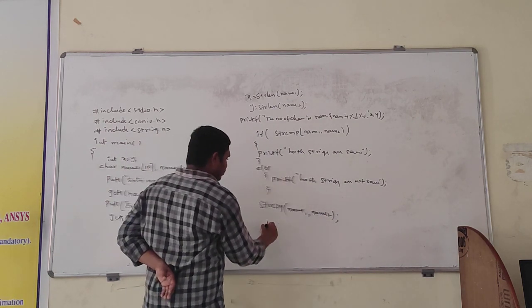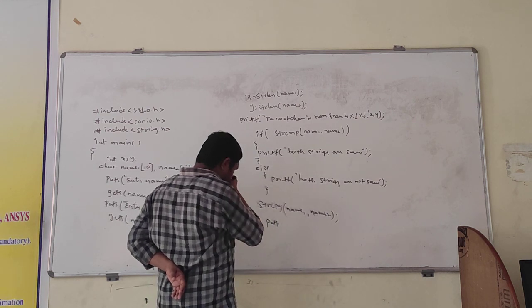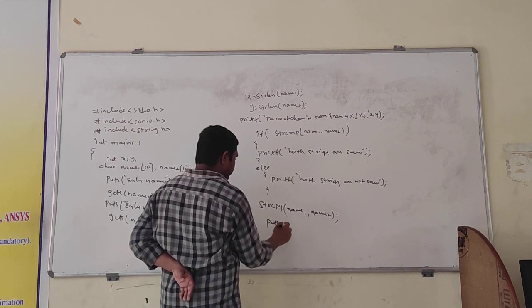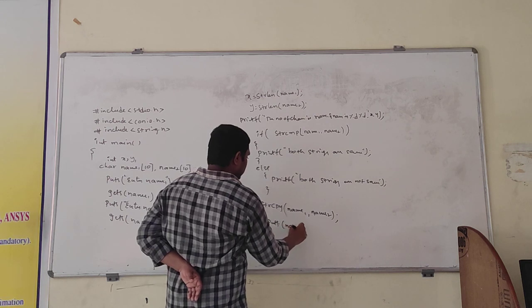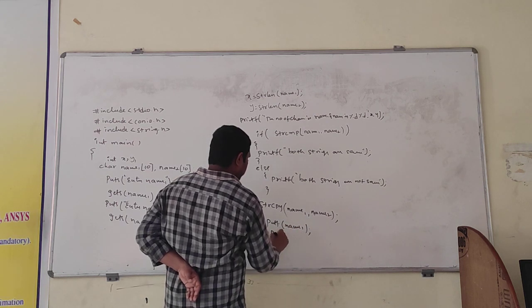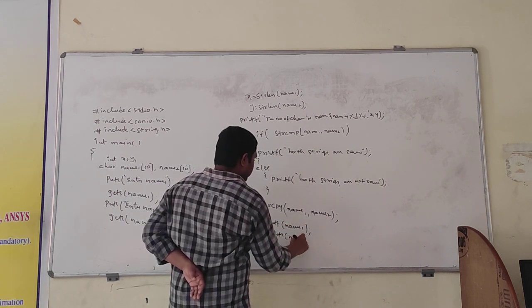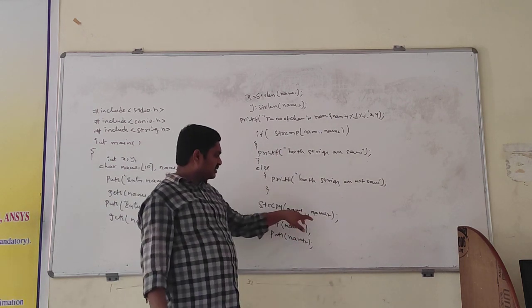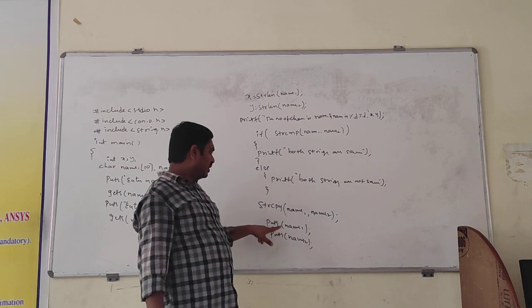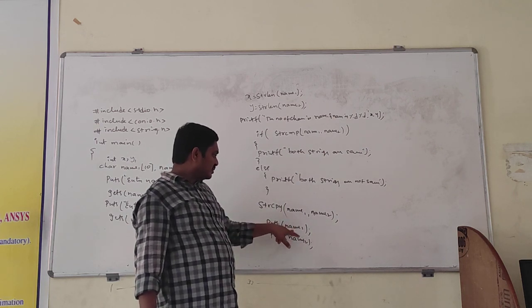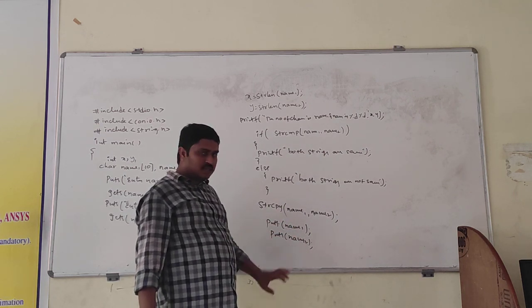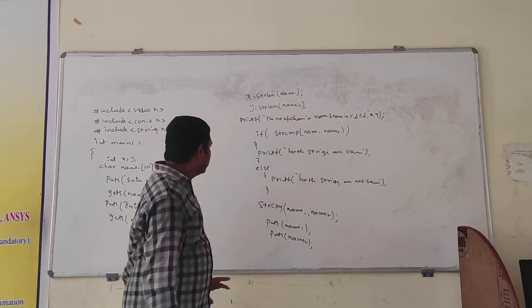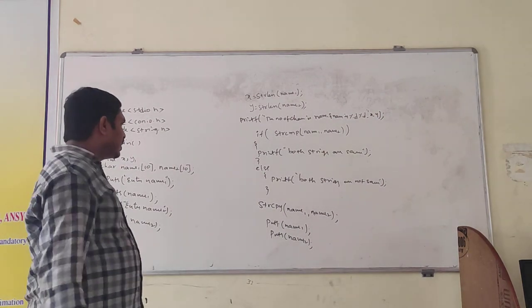Then puts(name1), puts(name2). I am printing both. For example, here name1 is Shravan, name2 is Kumar. Then puts prints Kumar, and name2 is also Kumar. This is the string copy.